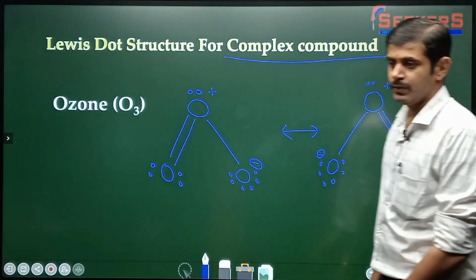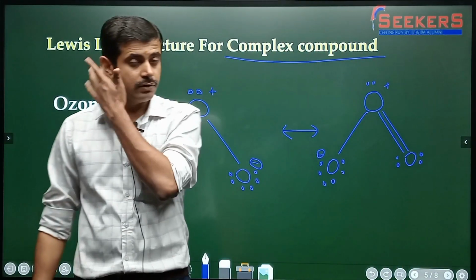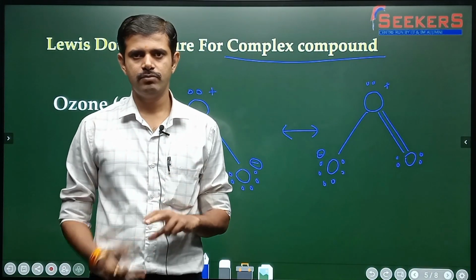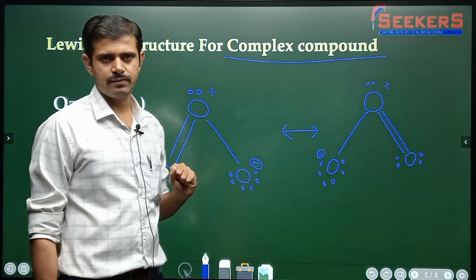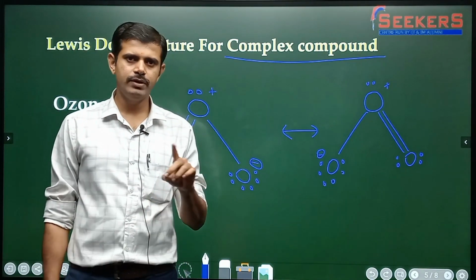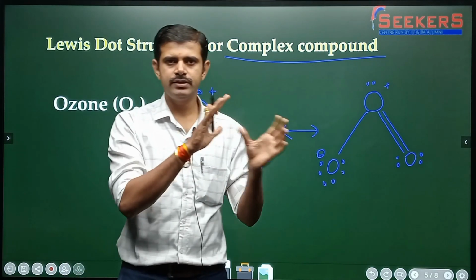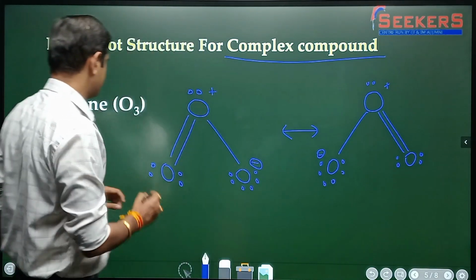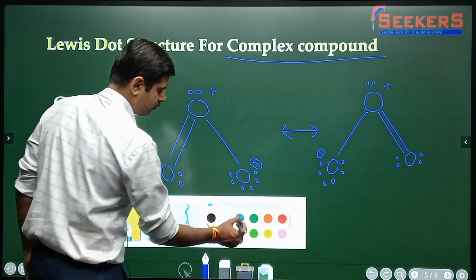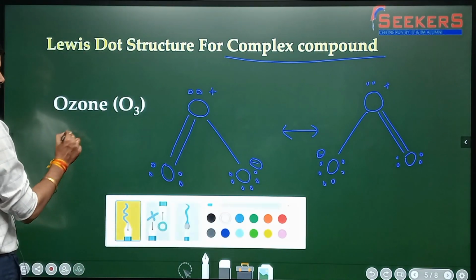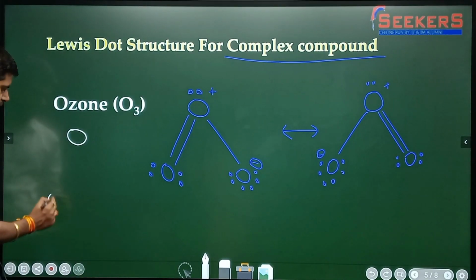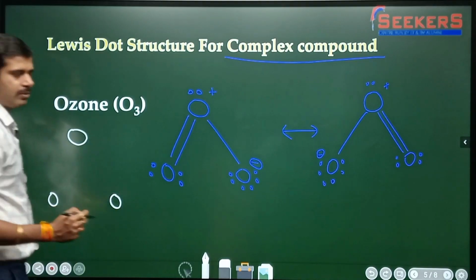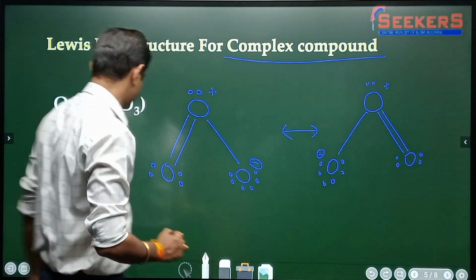positive charge. Now, whenever we have more than one resonating structure, we'll try to draw an equivalent structure. What is an equivalent structure? An equivalent structure is what is common in these two structures. We'll draw it as the third one. When I draw the equivalent structure, it will look like this: one oxygen, a second oxygen, a third oxygen, common in all cases.